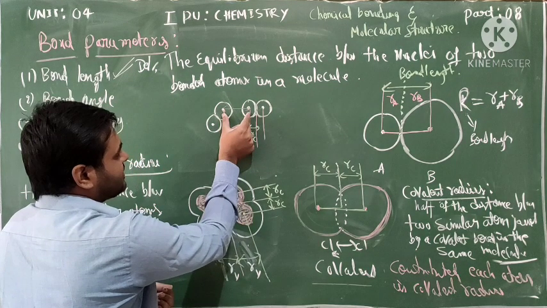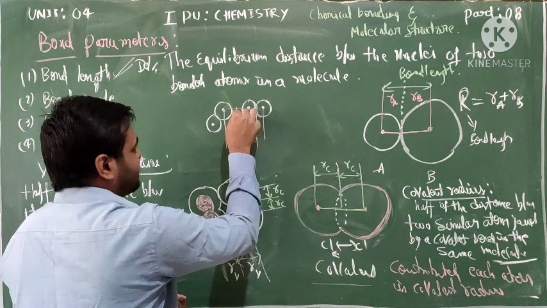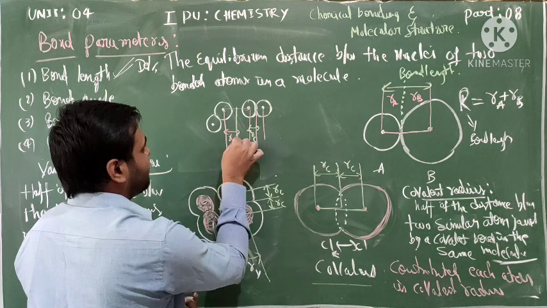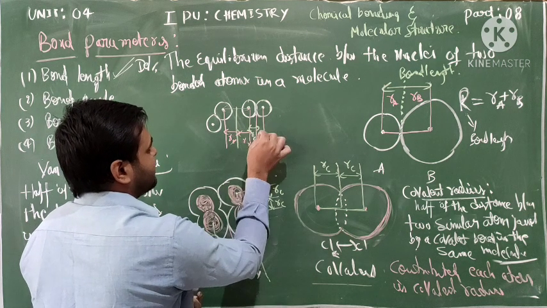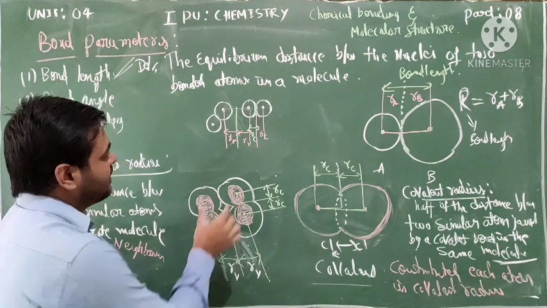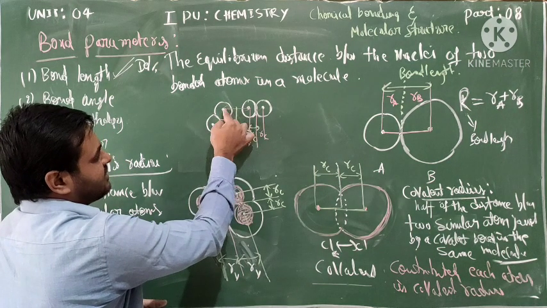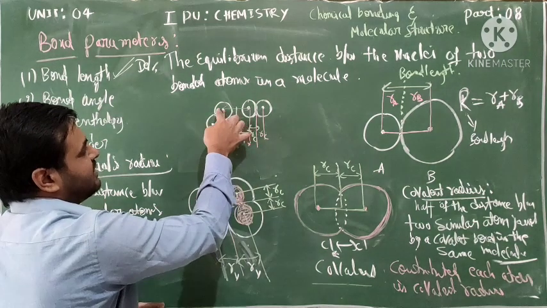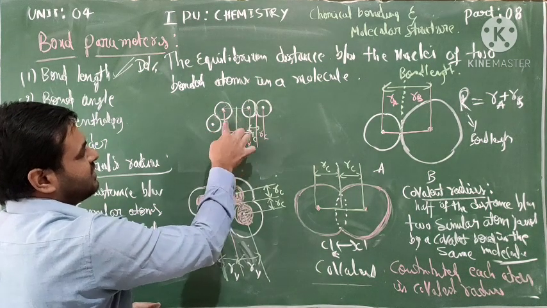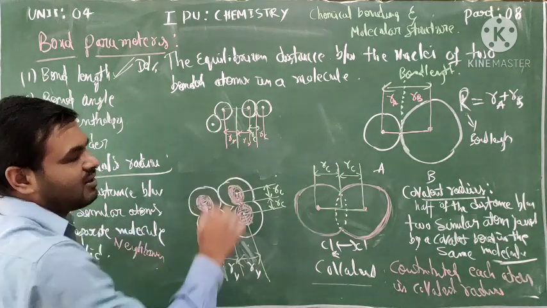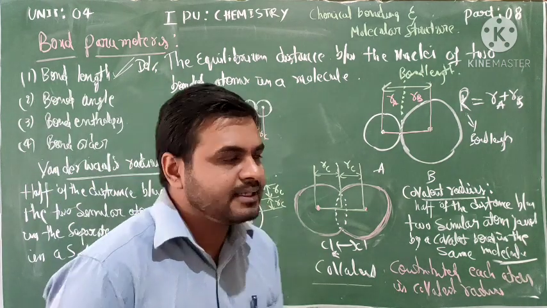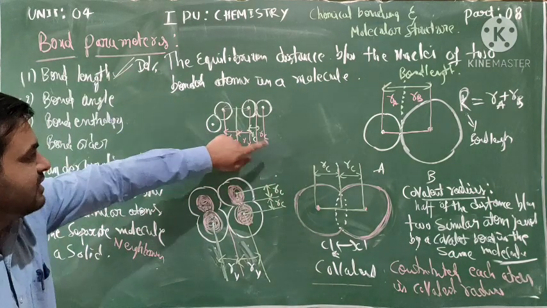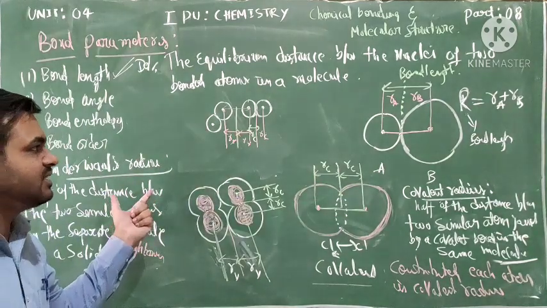In these molecules, half of the distance between neighboring similar atoms, the nuclei, is called what? Van der Waals radius. Clear? So bond length involves these two factors, covalent radius and van der Waals radius.